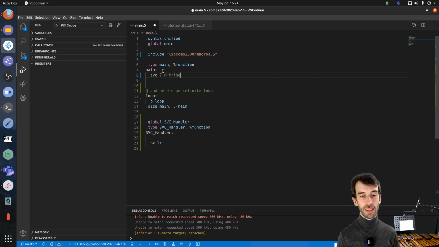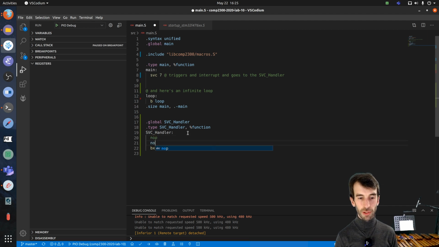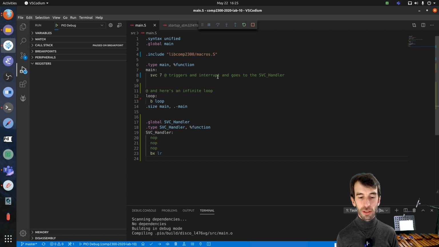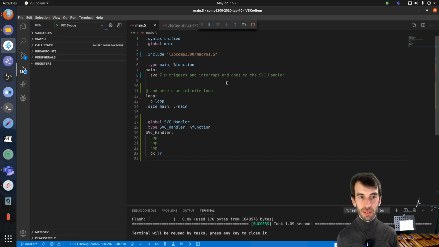So this triggers the SVC handler. So let's just see what happens and prove to ourselves that this is going to work. Put some nops in there. And I'm going to try it on my Disco board.